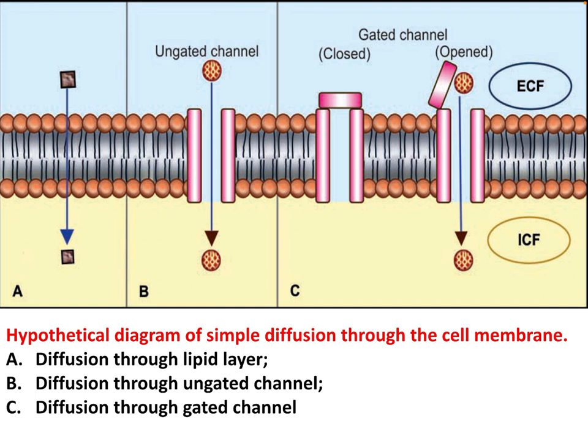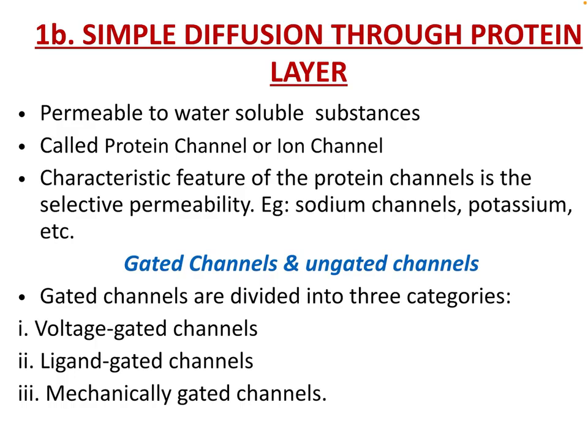The gated channels are closed all the time and are open only when required. Gated channels are divided into three categories, that is voltage gated channels, ligand gated channels and mechanically gated channels.